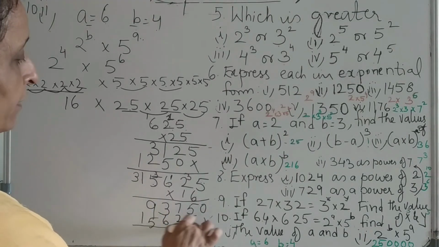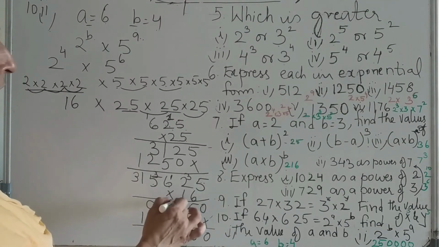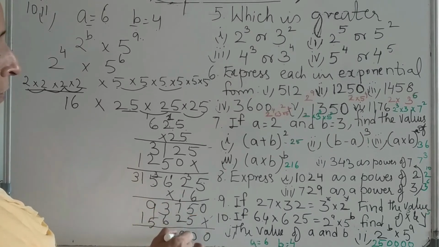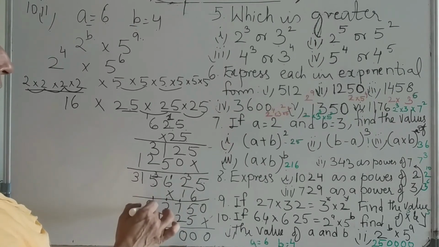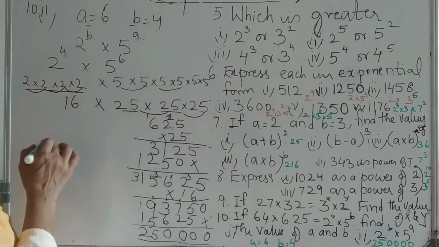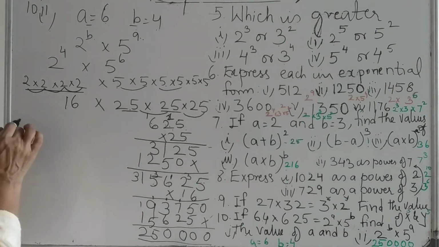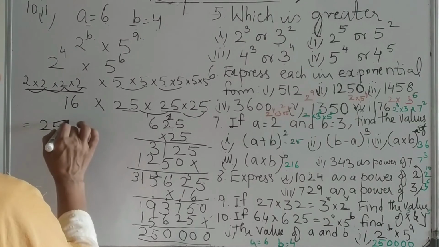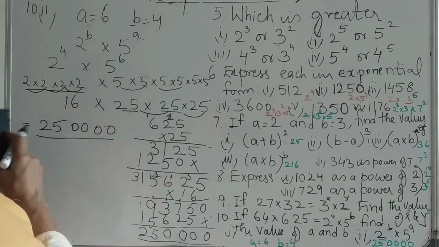Now let me add this. 0, 5 plus 5 is 10, 1 carry, 7 plus 2 is 9, plus 1 is 10, 1 carry, 6 plus 3 is 9, plus 1 is 10, 1 carry, 9 plus 1 is 10, plus 5 is 15, 1 carry, 1 plus 1 is 2. So after multiplying, the answer is 250000. This is the answer.